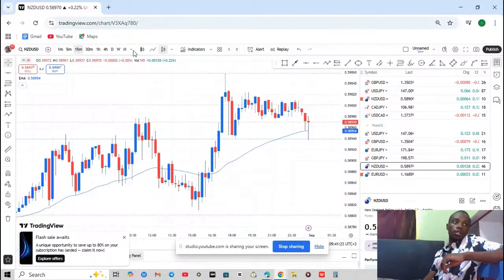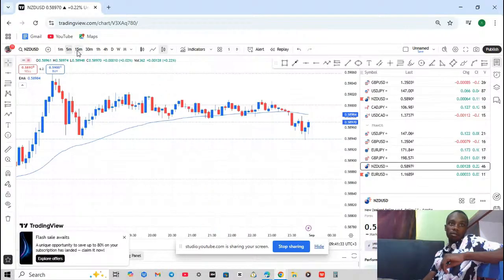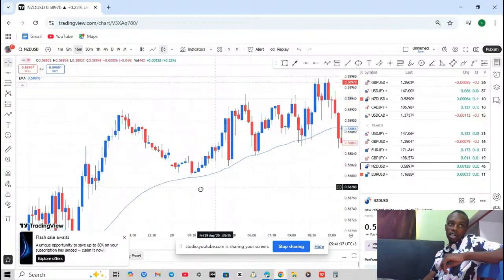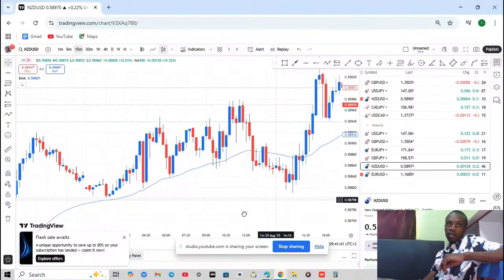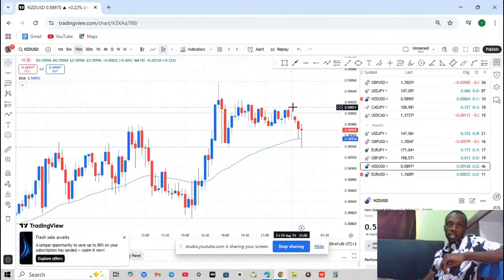Coming to the 1 hour chart, the market has three consecutive closes above the 50 exponential moving average. On the 15-minute chart right now, the market must be in a clear uptrend, forming higher highs and higher lows. Higher high, higher low, higher high, higher low. So I actually think this is a perfect opportunity.